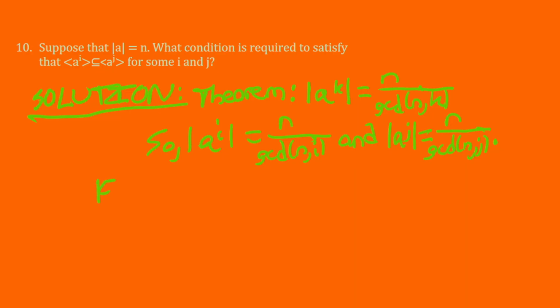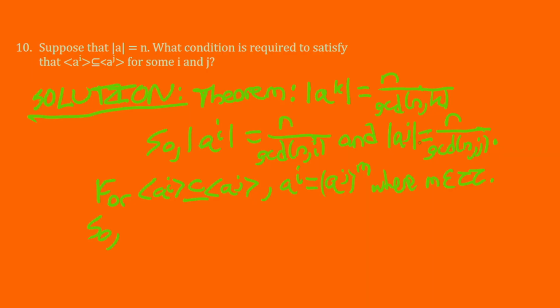So for the cyclic group of a^i to be a subset of the cyclic group of a^j, a^i must equal a^j raised to the m, where m is an integer.